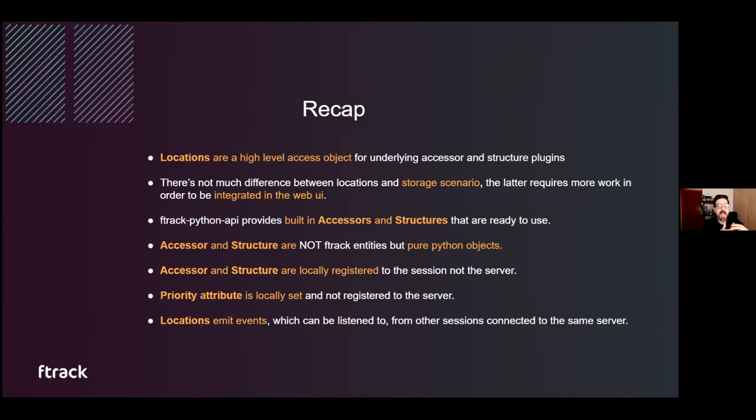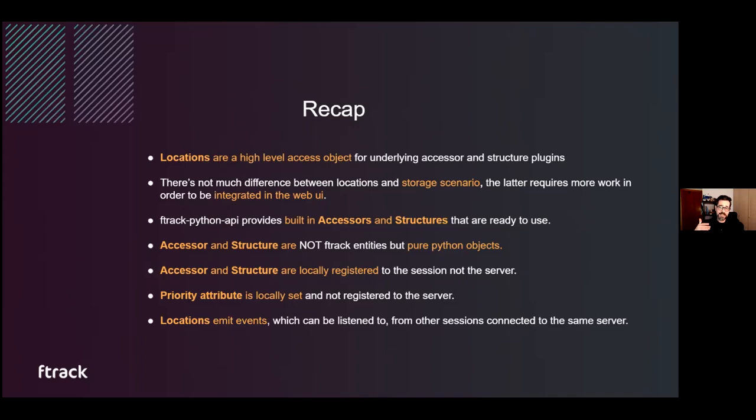In the ftrack Python API, we provide built-in assessors and structures which are ready to use, as well as locations, which are ready to use if you need. Assessors and structures are locally registered to the session, not to the server entity. Same goes for priority. Priority is only valid for your local location.